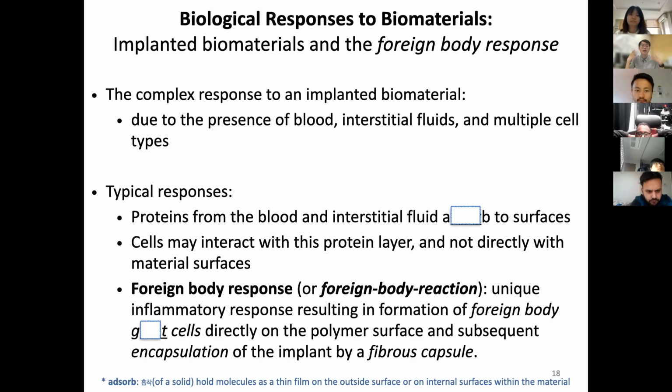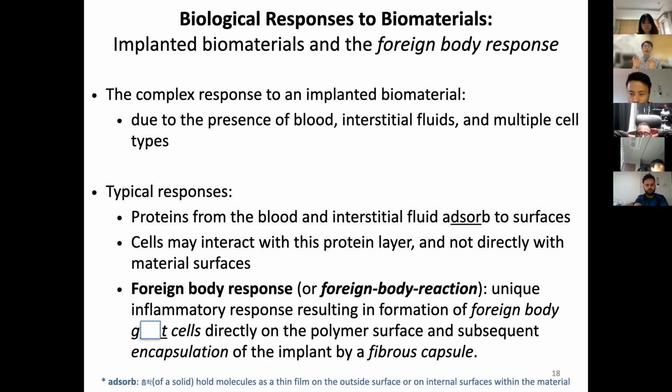Then what does the body do to protect ourselves? So first, protein from our blood and interstitial fluid will cover the surface of this foreign material, which we call adsorb. It's not absorb, it's AD, adsorb. So you have to know the subtle differences here.